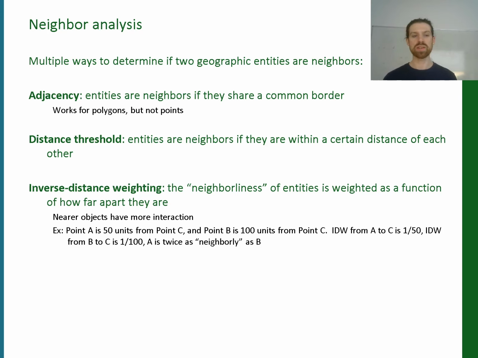Or we could use some sort of distance threshold, so we could measure if entities are neighbours if they are within some sort of distance of each other. This is something which I use on a daily basis. At the moment I'm doing this project in Peru where I'm designing wireless backhaul networks, so basically cell tower networks to provide internet access to people in really hard to reach areas.